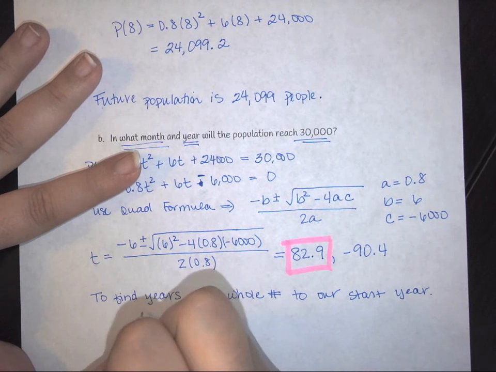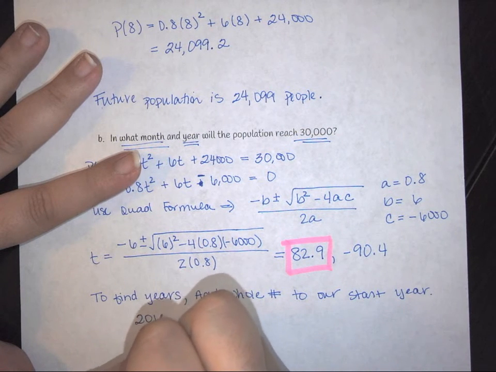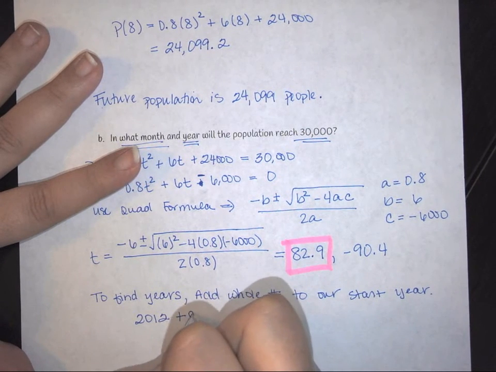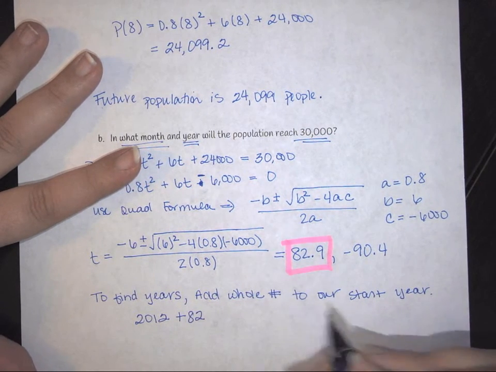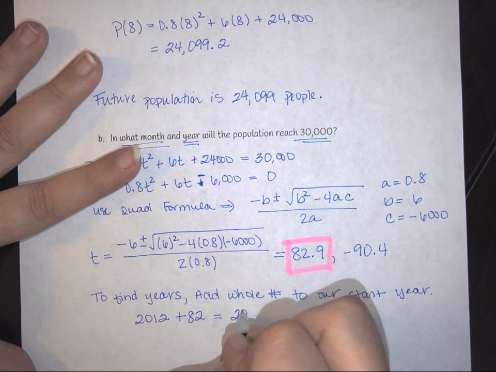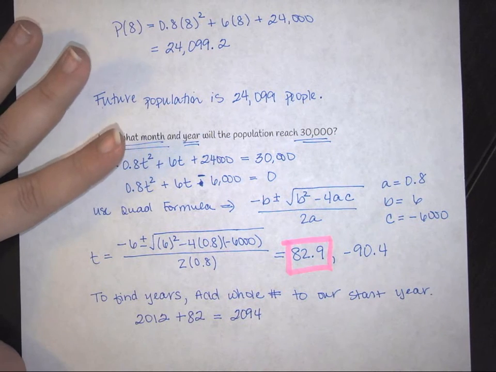So in other words, we started in 2012. We are going to add 82 more years, and that is going to give us the year 2094.